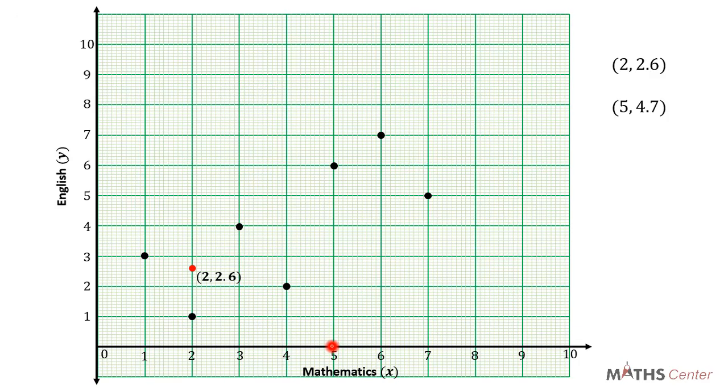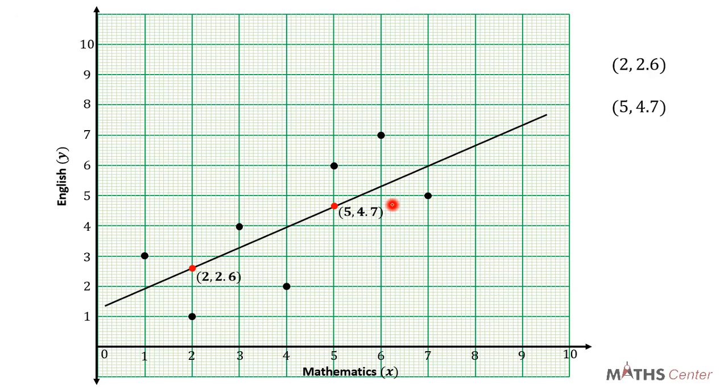So 5 on the x-axis, 4.7 on the y-axis, and that will be here. Now I'll join these 2 points with a straight line, and this gives me the line of best fit. So you see, with the least square method, it gives you the equation of the line, then you draw the graph of the line on the scatter diagram to get the line of best fit.